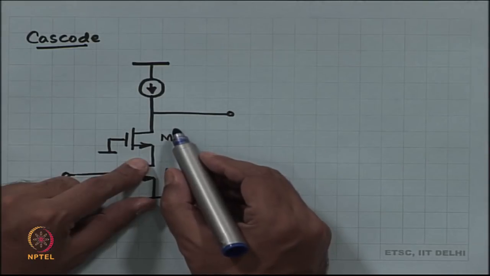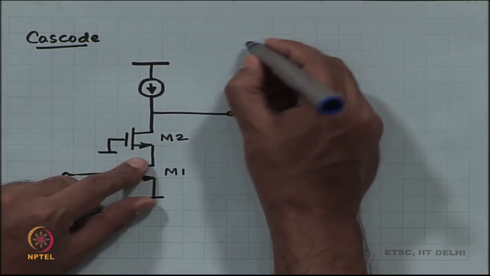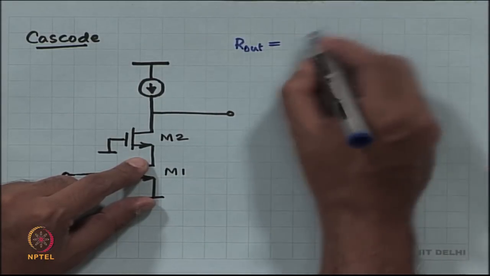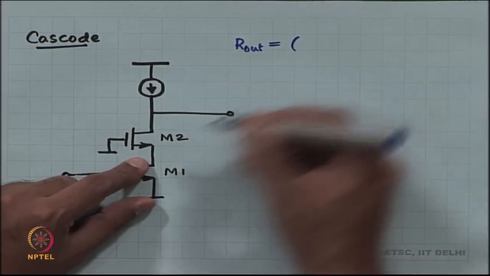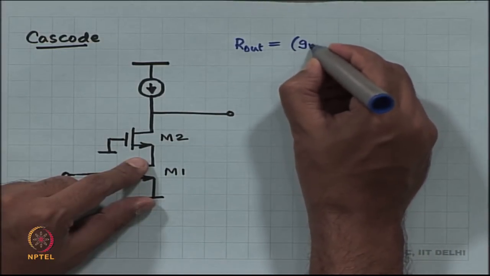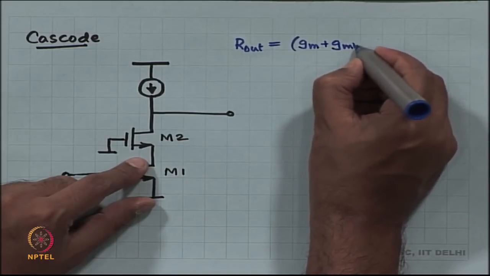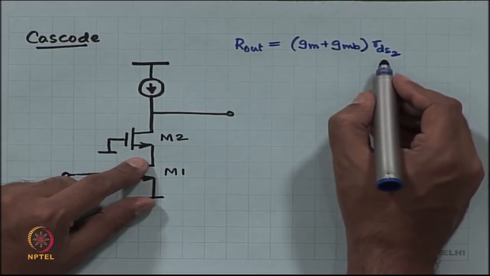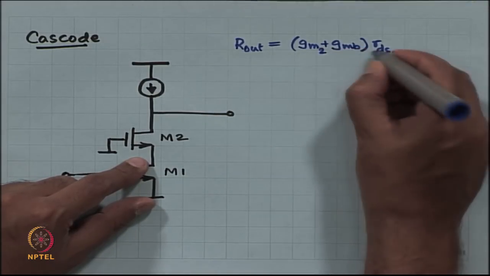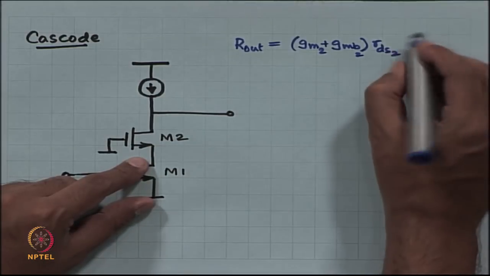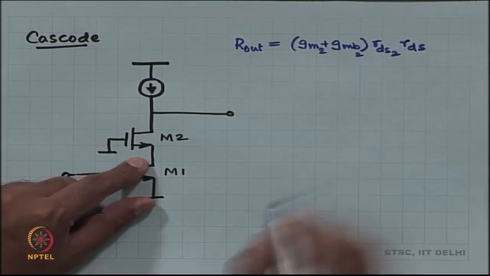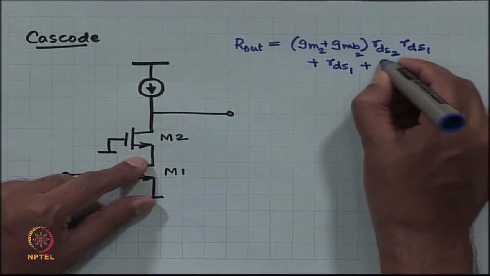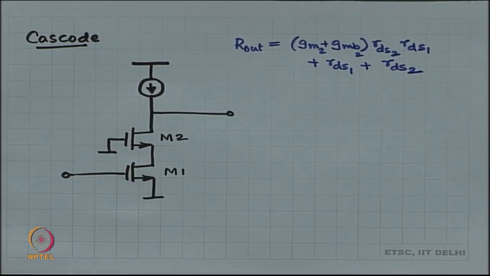Looking into the drain of M2, the impedance that you are going to see is equal to the intrinsic gain of M2, which is (GM plus GMB) times RDS2, times what is on the source, which is RDS1, plus RDS2.